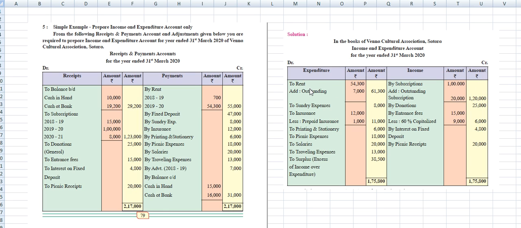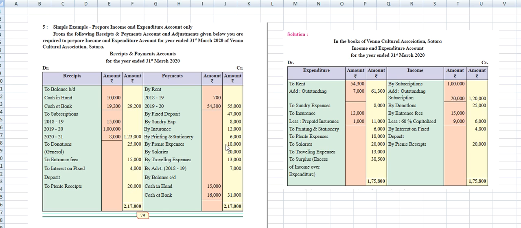The first entry in expenditure is rent, which is an expenditure for the business. We need to take the current year amount, which is 54,300 rupees. We should not take the previous year amount. We focus on 2019-20, the current year amount, that is 54,300.